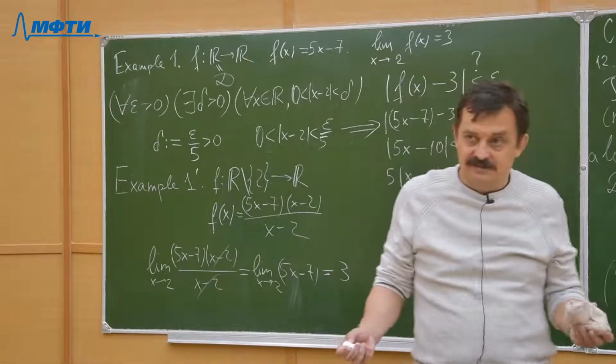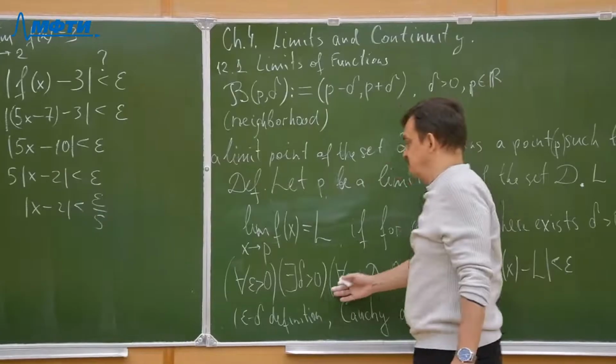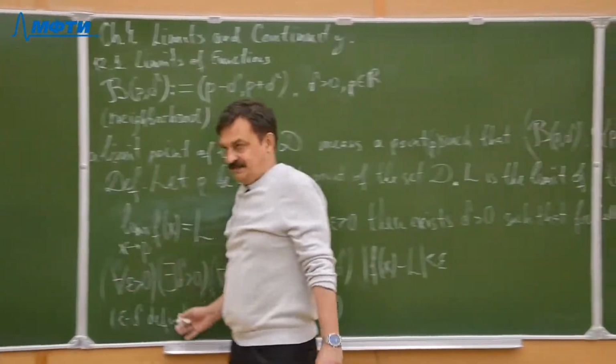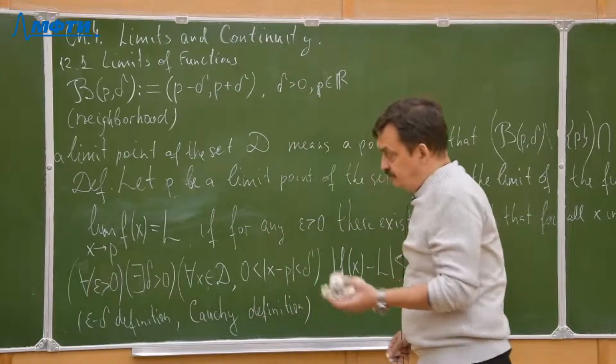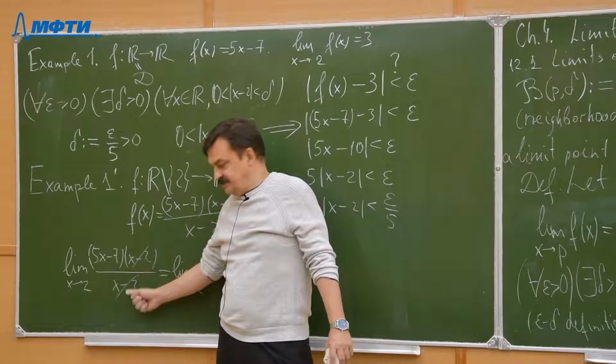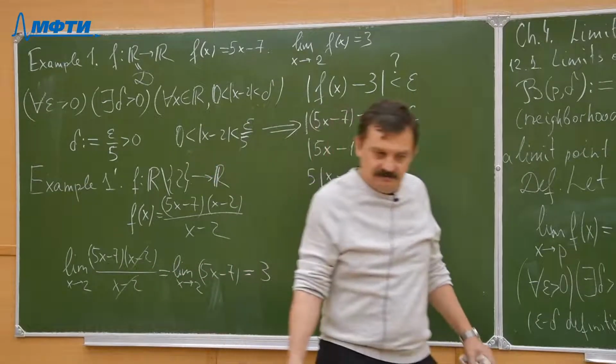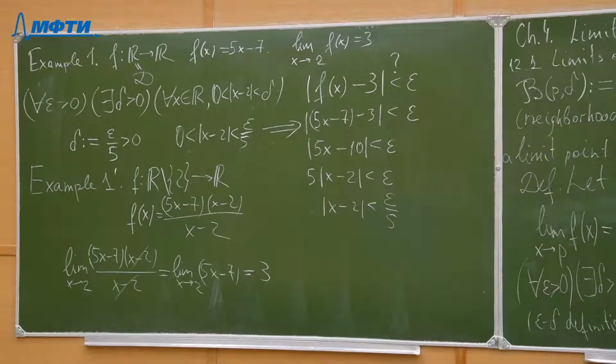It seems rather strange, but to explain it, this formalism is necessary. Why can we firstly suppose that x doesn't equal to 2 and then substitute x equals to 2? Why? It seems not logical, but the logic is as follows.